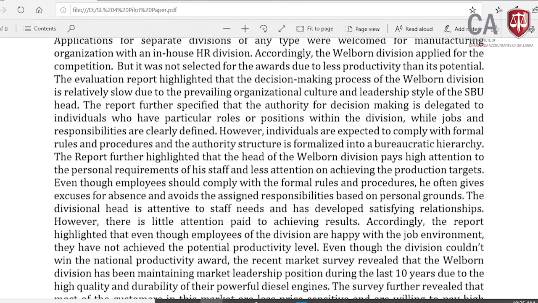The report further specified that the authority for decision making is delegated to individuals who have particular roles or position within the divisions, while jobs and responsibilities are clearly defined.